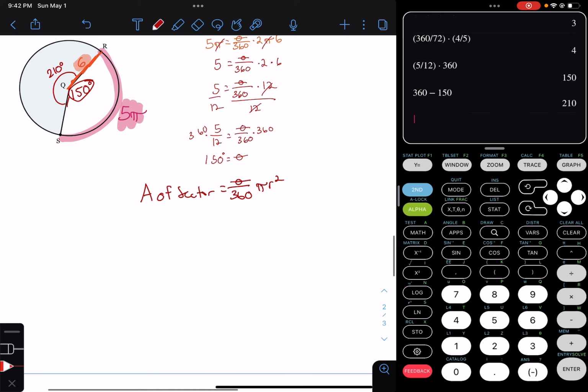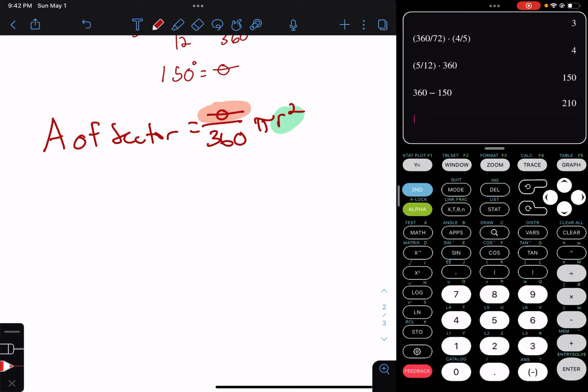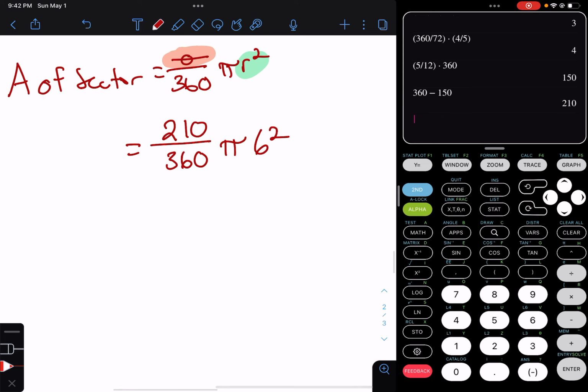We're looking for the area, and we do have our theta, which is 210, and our radius is 6. So we're going to plug that in. We're going to do 210 over 360 times pi times 6 squared. That's going to equal the area that we want.